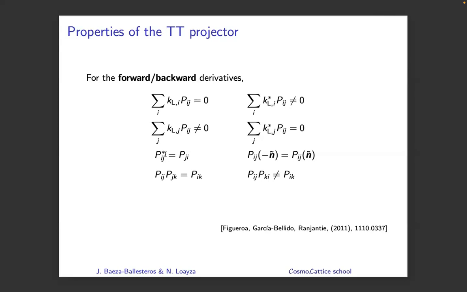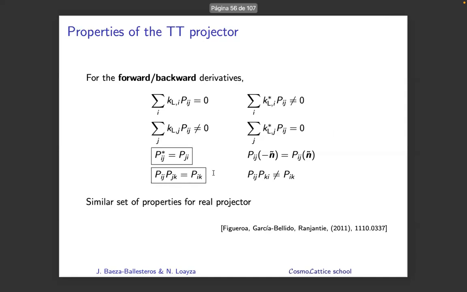It's actually Hermitian, so I need to take the complex conjugate here such that this is true. For a real projector, this won't be the case, because for a real projector the complex conjugate is the same as the number. These properties here are the same, especially this one, which is again the idempotency. But as you can notice, for the complex projector we have certain issues that we should address.